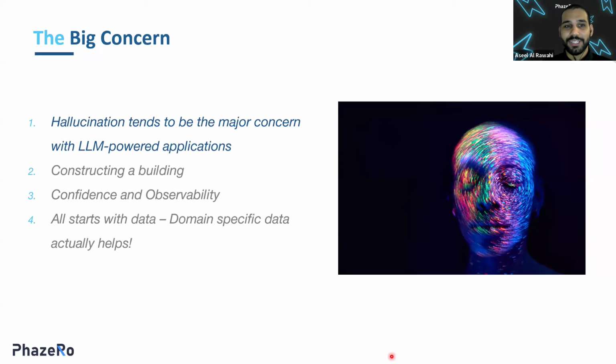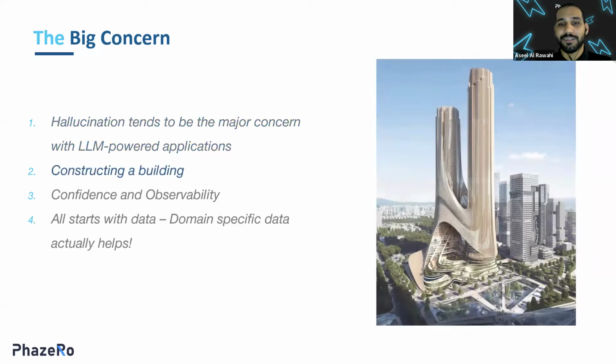So for us, building a large language model application is like constructing a building. When the first skyscrapers were introduced, there was a common concern among people about whether these big, tall buildings would be stable, and whether such buildings could be replicated across the city.